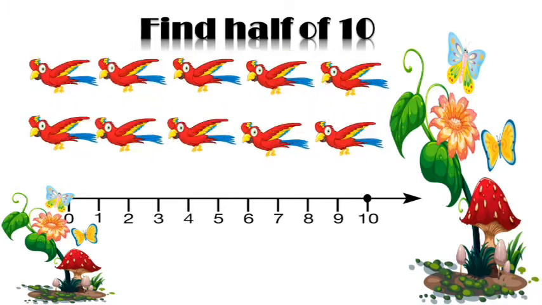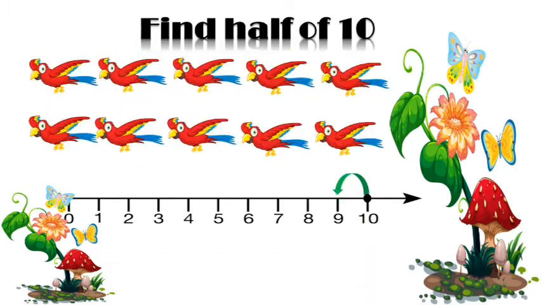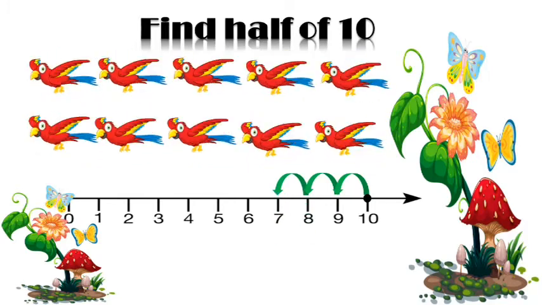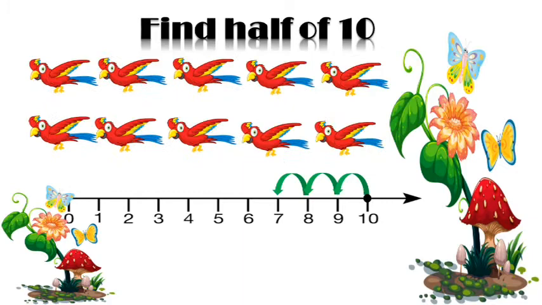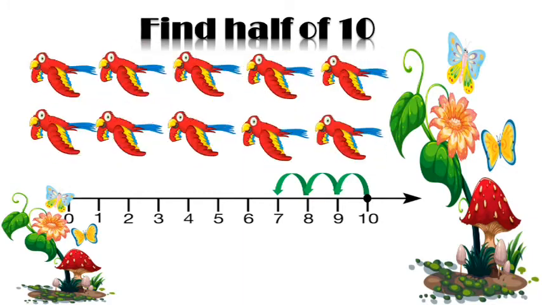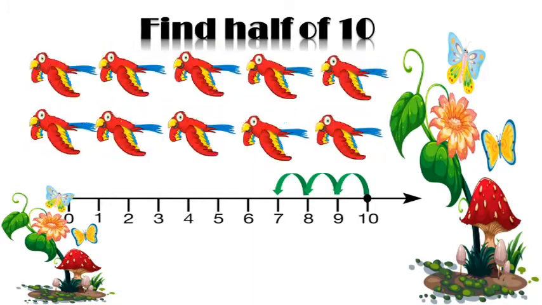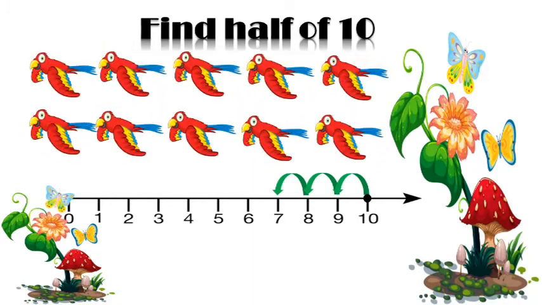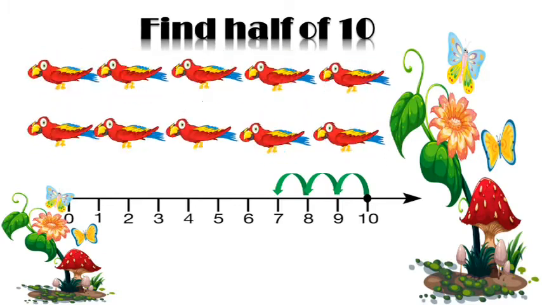Now we need to move backward. 1, 2, 3. Let's count whether we get half or not. 1, 2, 3, 4, 5, 6, 7. Do we get half of 10 birds?